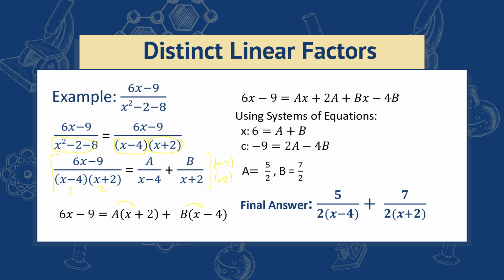Next, the term without a variable on the left side is negative 9. And it's equal to 2A and negative 4B. So negative 9 is equal to 2A minus 4B. The next step is trying to cancel out one letter to obtain the value of the other letter.